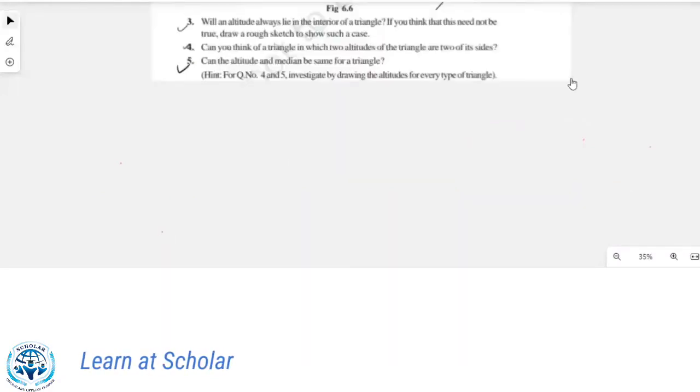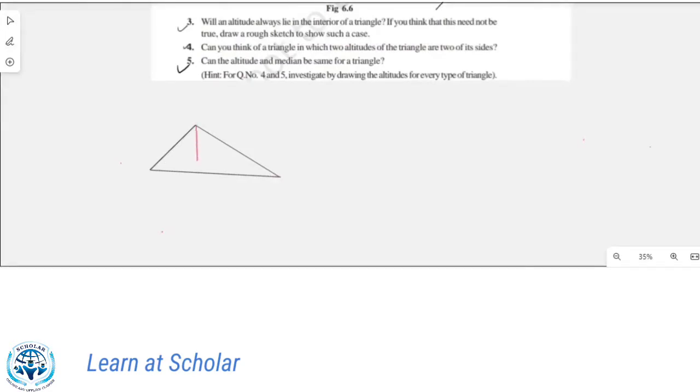Now the last question, can the altitude and median be the same for a triangle? Let's see, is it possible or not? I have drawn a scalene triangle where the three sides are unequal. Now I am drawing the altitudes.